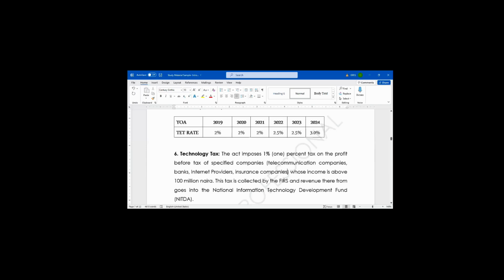Once FIRS collects technology tax, FIRS will remit it to a body called NITDA, the National Information Technology Development Agency. They use this technology tax to develop information technology in Nigeria. What is the rate of technology tax? The rate of technology tax is 1% of profit before tax.